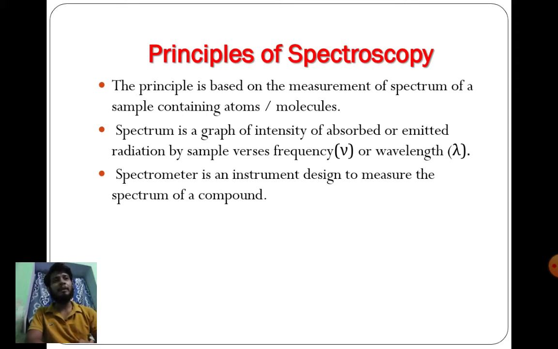When they return to the ground state, they release energy in terms of light of a certain wavelength and frequency. When the intensities of the absorbed or emitted radiation are graphed against wavelength or frequency, a spectrum is achieved. And a spectrometer is an instrument designed to measure the spectrum of a compound.